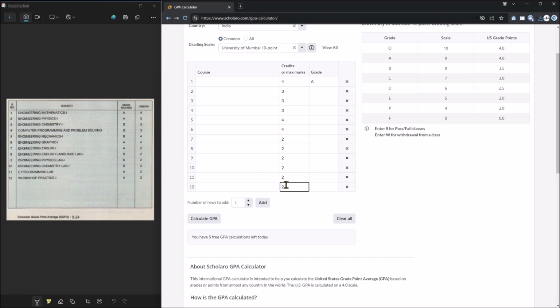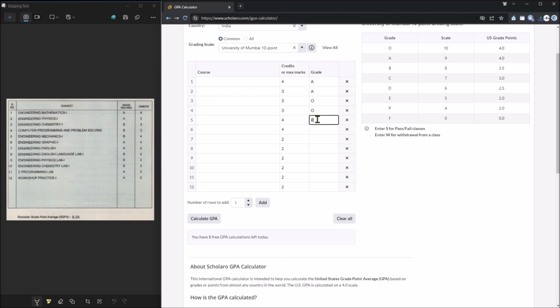These are the maximum credits, and wherever the grade is A, you can enter the grade as A, and wherever the grade is S, S corresponds to the grade O here, which is the highest grade. So you can mention O.